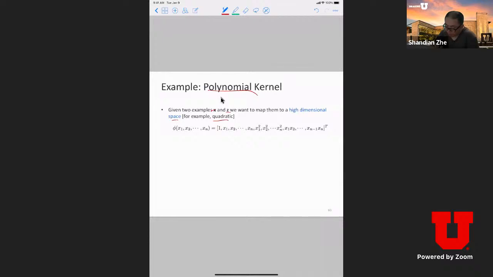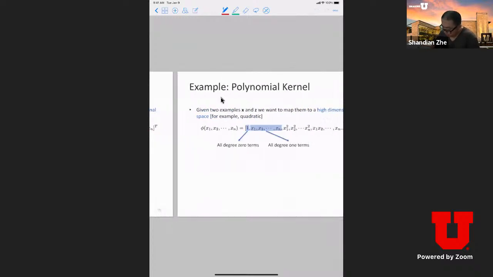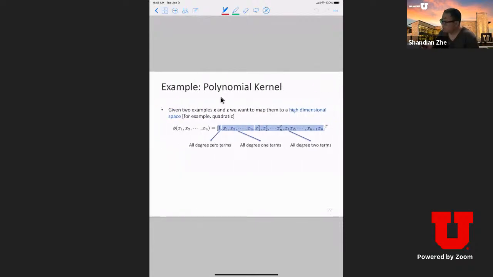This is how we perform mapping. That is just to get all the degree 0 terms, degree 1 terms here, and degree 2 terms. The degree 2 terms are just the cross products between every pair of features. So you see x1 squared, x2 squared, xn squared, x1x2, x1x3, until you enumerate all possible combinations. If you count how many features are in the mapped feature vector, it will be proportional to n squared.